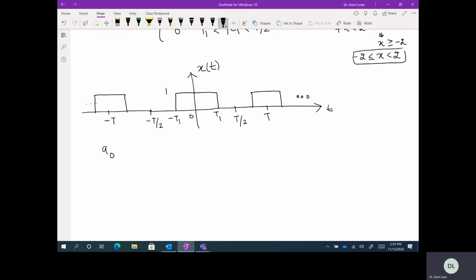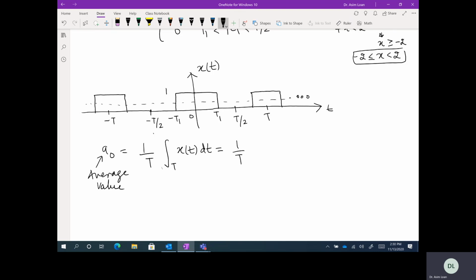Obviously, this has an average value. And what is this average value? It is 1 over T, the integral of x of t dt over one period.